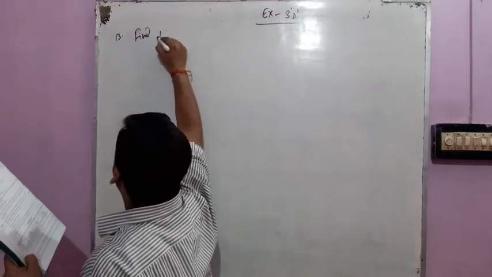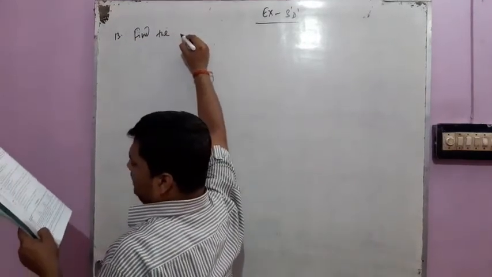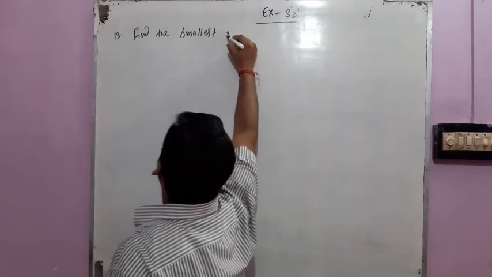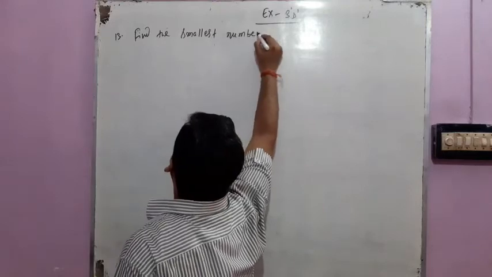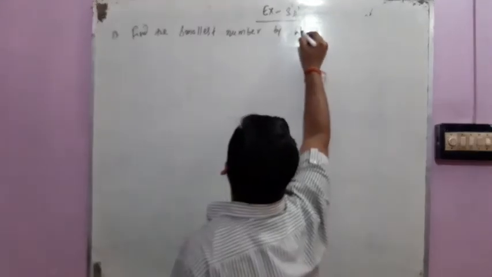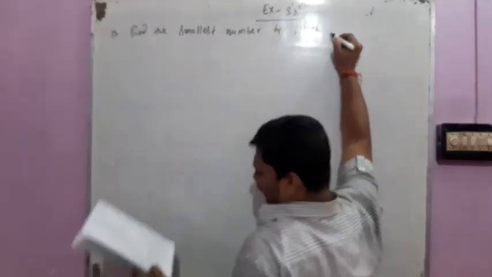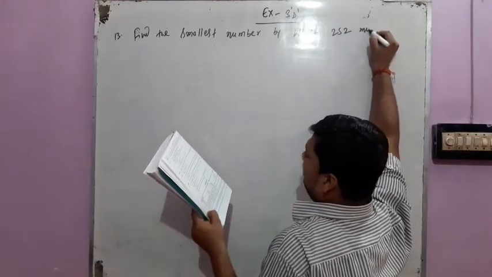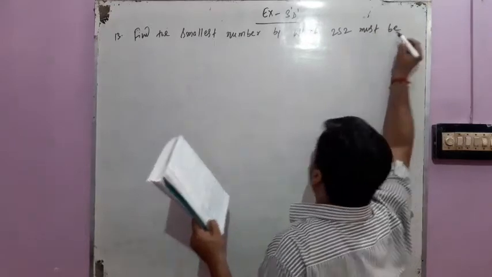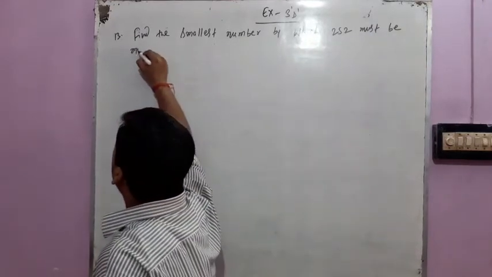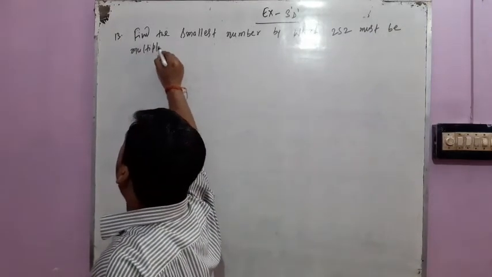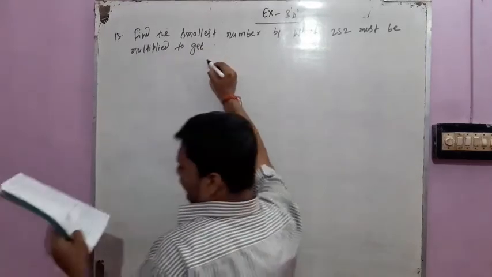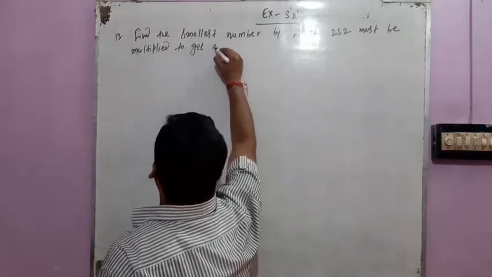Find the smallest number by which 252 must be multiplied to get a perfect square.